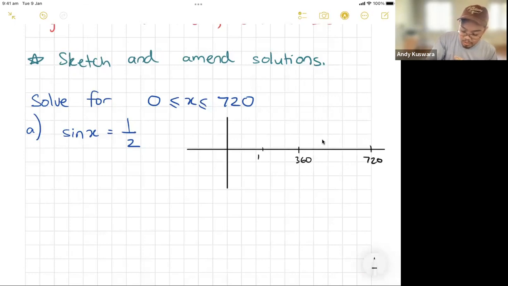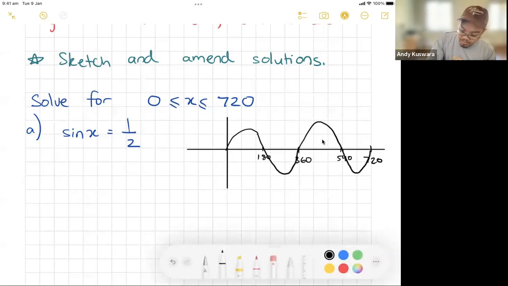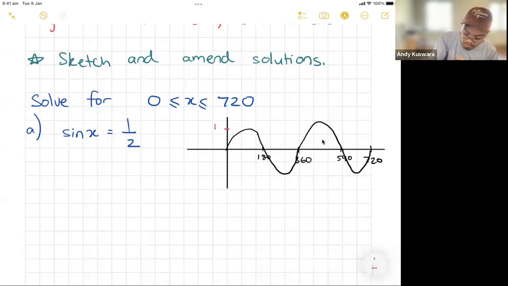So I've still got my 180, and 540. By 360, the sine graph should have one full rotation. The same thing happens again. If it peaks at 1, my half will be here, and I should have one solution there, one solution there, and I should also have 3, 4 there.